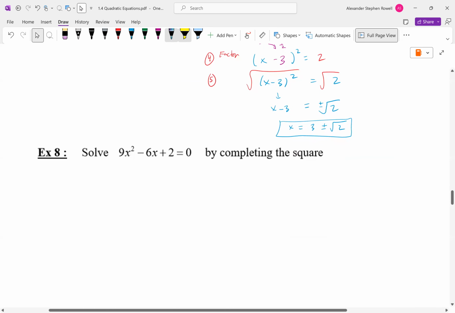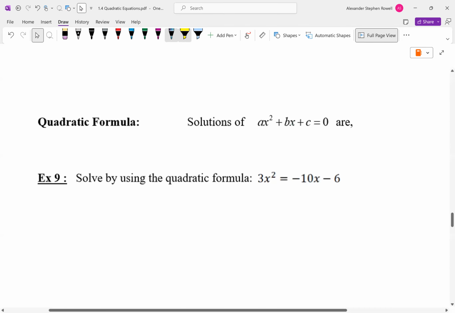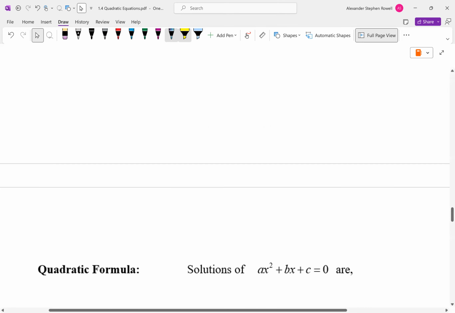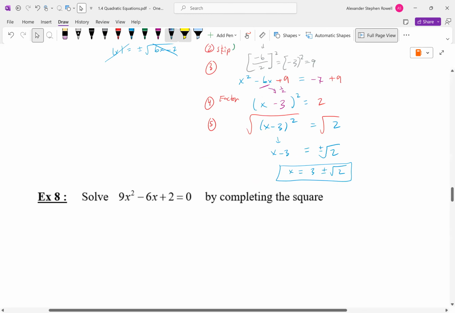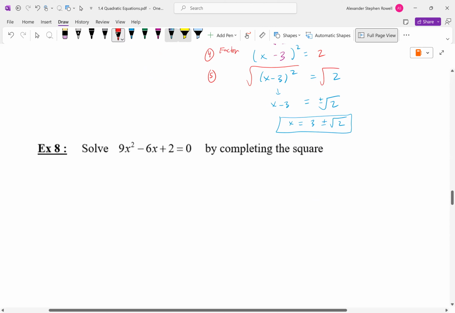Okay, let's try a slightly more difficult example by completing the square. Okay, step 1 is what? So yeah, that is a valid first step. You may divide by 9 first, or you can move the constant over.